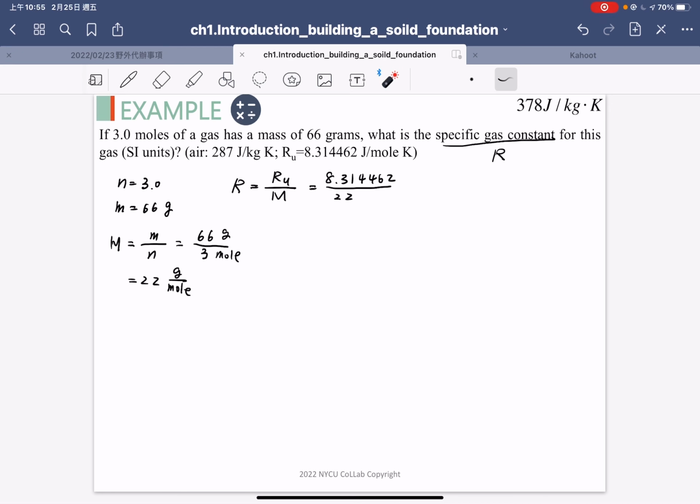So the 22 here, we should multiply by 10 to the minus 3 to convert the g to kg. And then we can compute the final answer. So use your calculator to check the answer together.